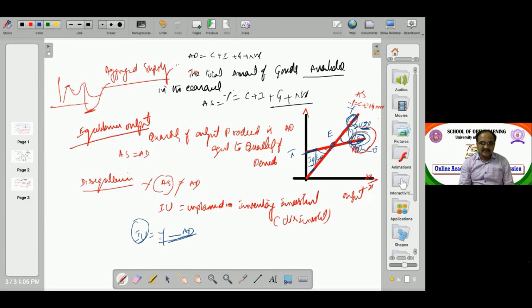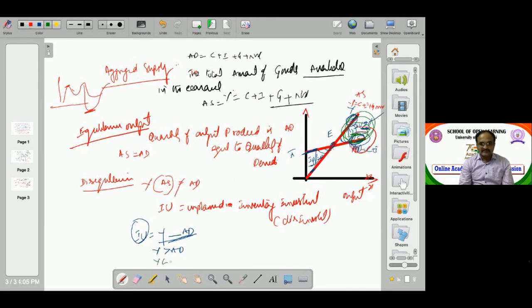When Y is greater than AD, if the output produced is greater than aggregate demand, then there will be unplanned accumulation of inventories. So IU will be greater than 0. There is unplanned accumulation at this particular point, so IU is greater than 0. That's why Y is greater than AD at this point. I'm talking about the green color. So we are talking about this point, where unplanned inventory investment is taking place.